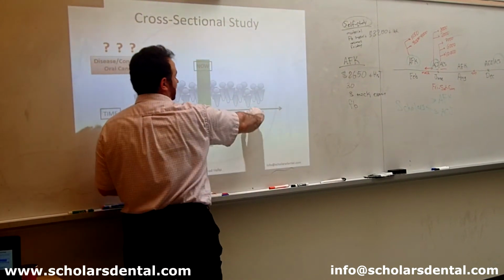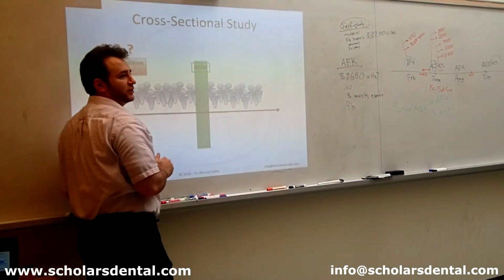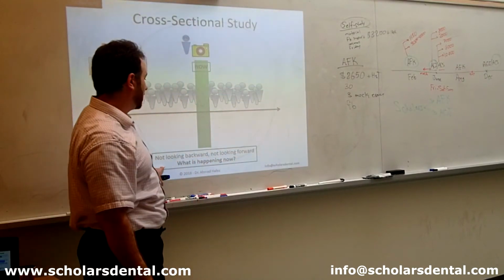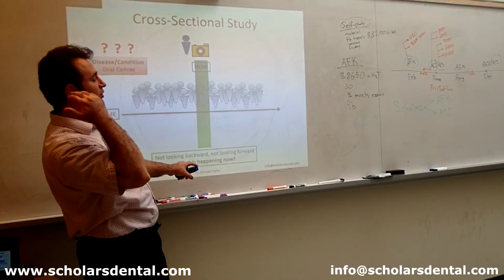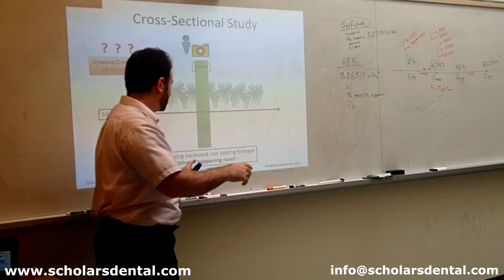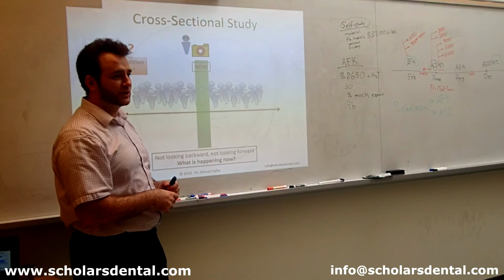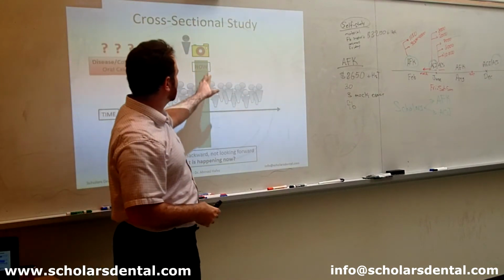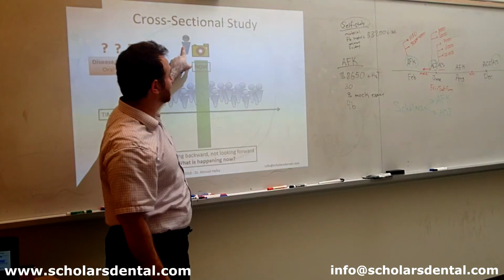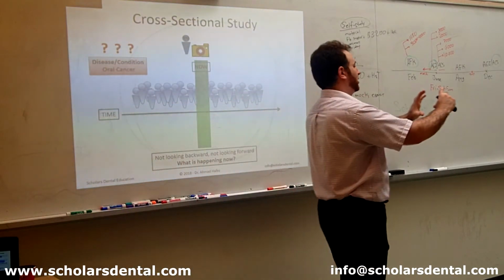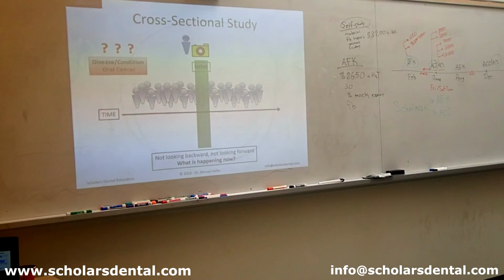See the timeline, and you're crossing it at one point. Okay, you're not moving forward. Not looking backward, what happened before. You're just looking at what's happening right now. That's what the cross-sectional study is. What's happening right now in the population. So some people say, this is you the researcher, you took a picture of what's happening right now, and you're looking at it. Okay? That's cross-sectional. Is that clear? Okay.